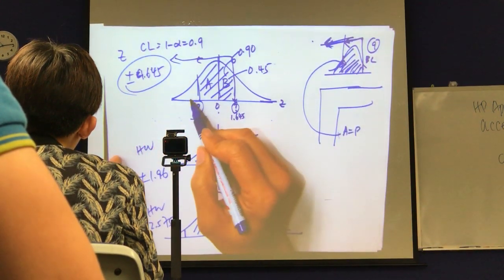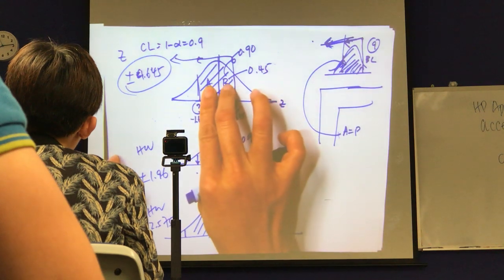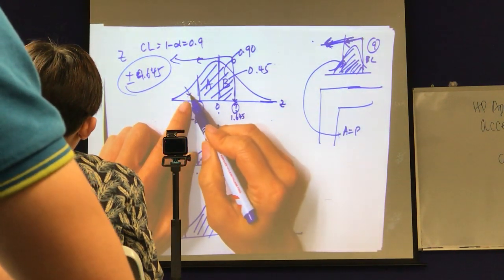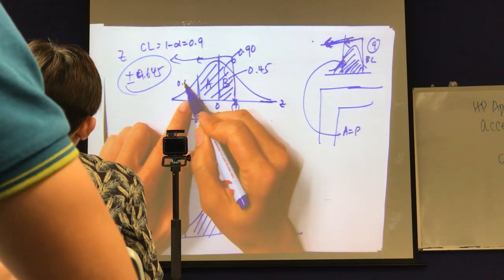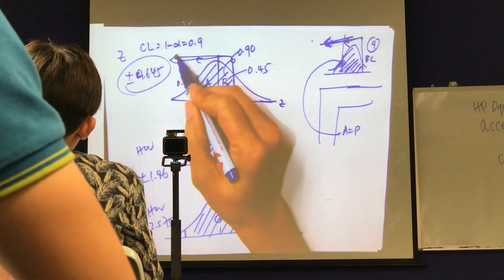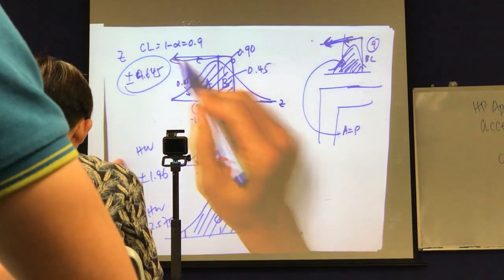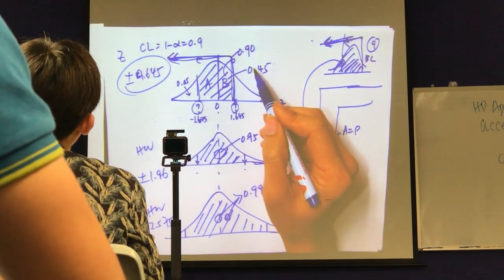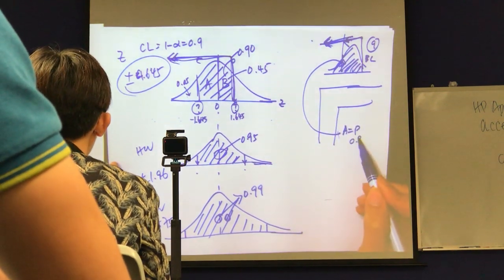So which means that tell me what is this number here? If this is 90, this must be how many percent? 0.05. So what is the big left? What is the whole area to the left? 0.95. Good.